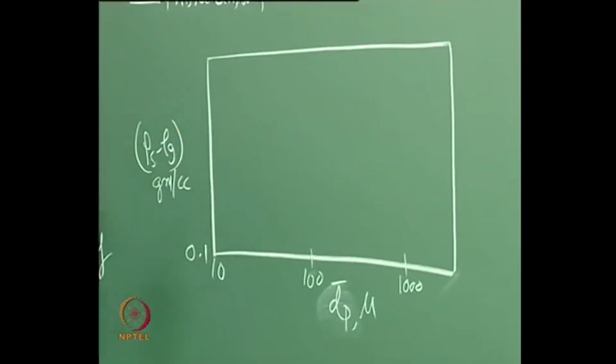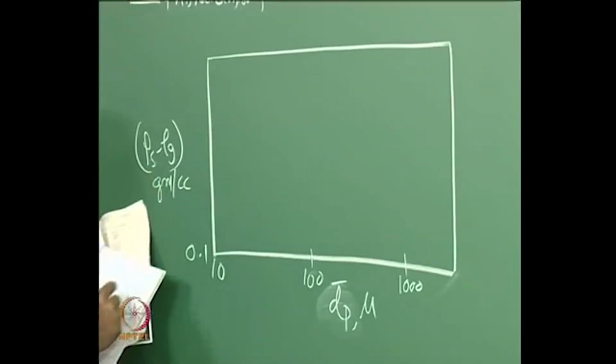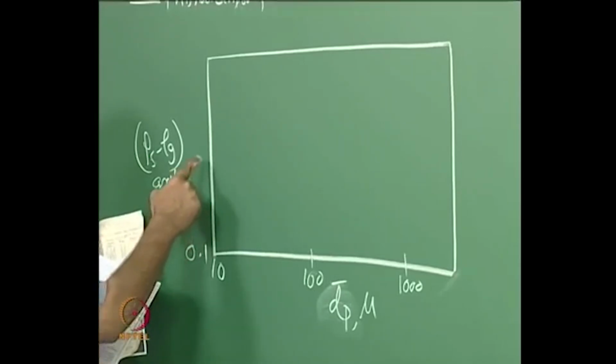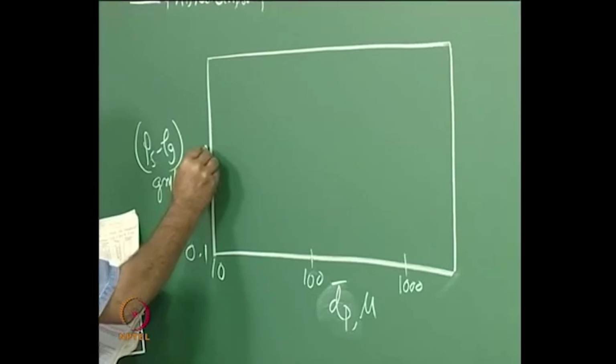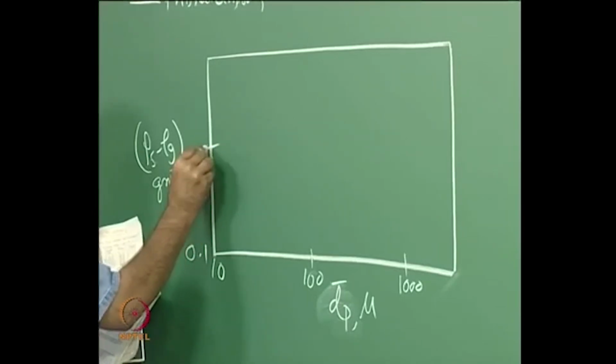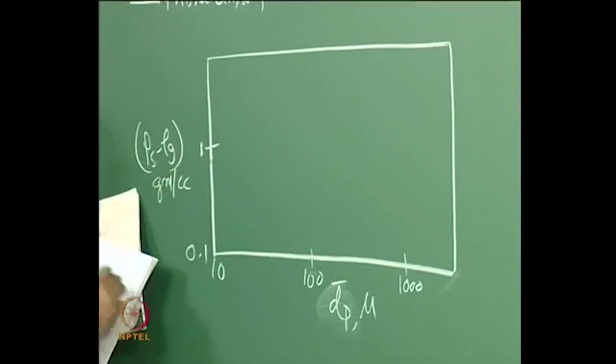And then this side the density changes, the density difference. This is mainly for gas solid only. Okay. 0.1 somewhere here, this is 1, 0.11.